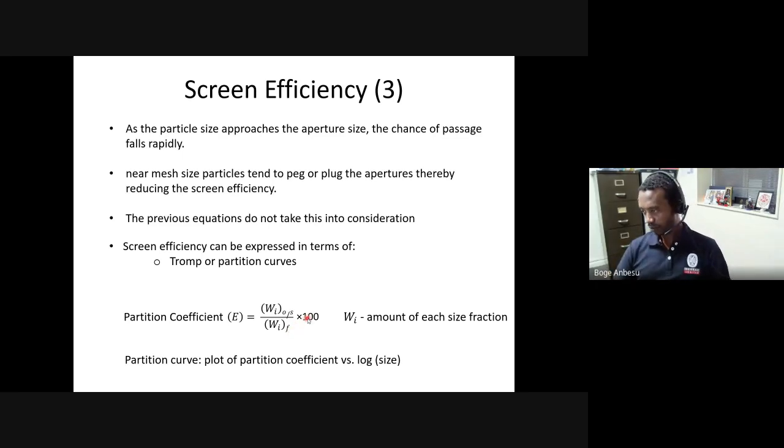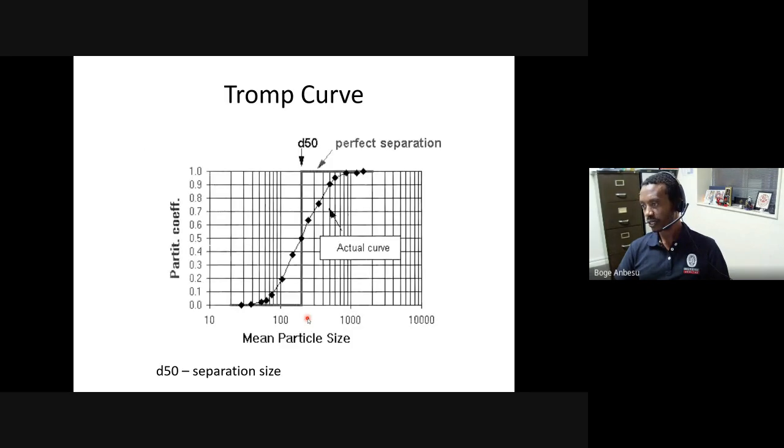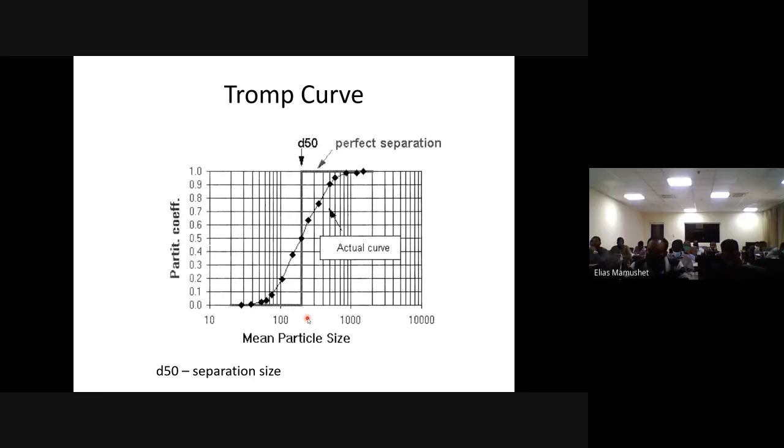Okay, maybe this statement may be too confusing. So what I will do is maybe go to the next figure and show you what I mean. Okay, so let's say you have particles that are anywhere from 1 millimeter to 1,000 millimeter, or maybe even 2,000 millimeter in this case.